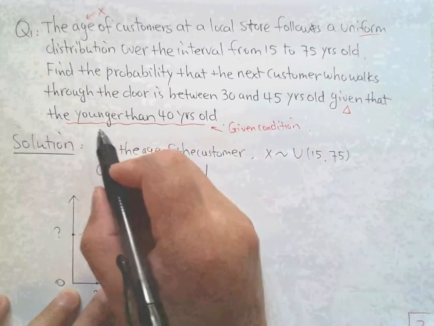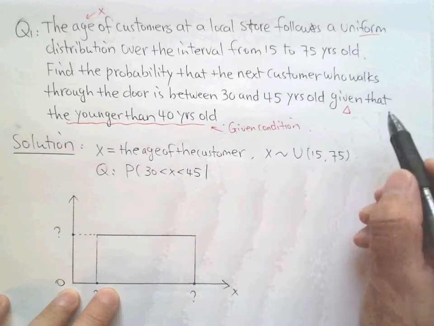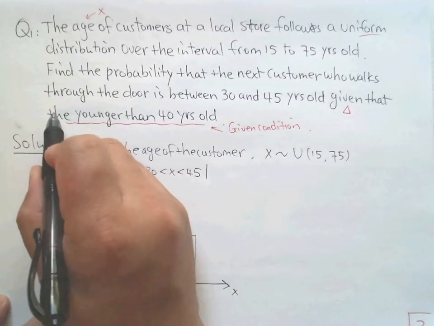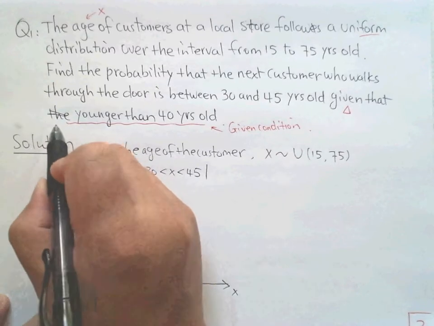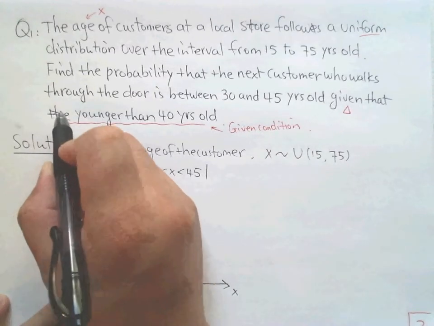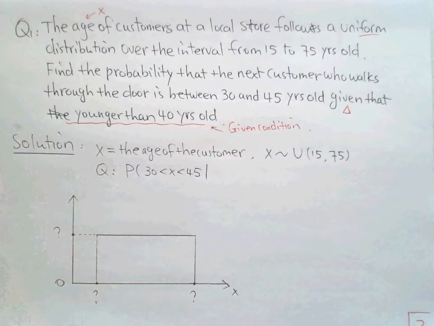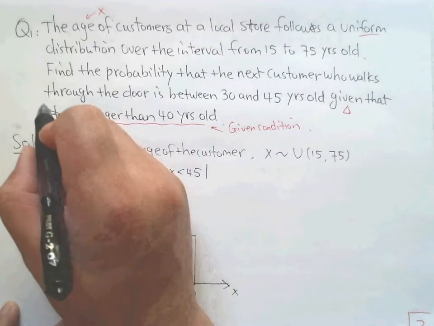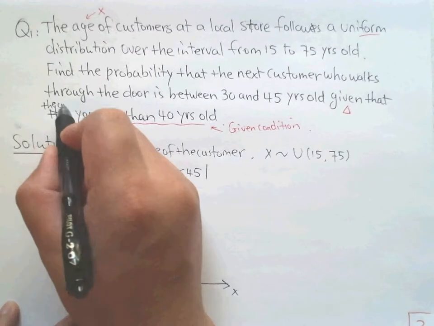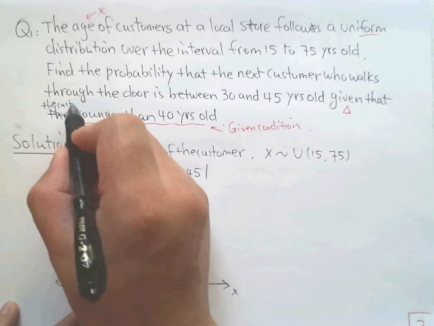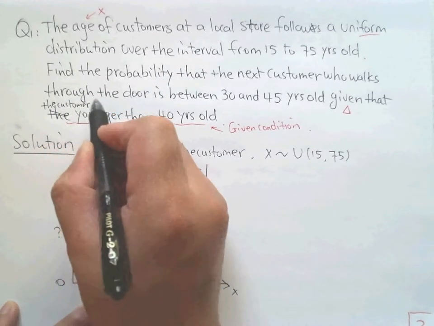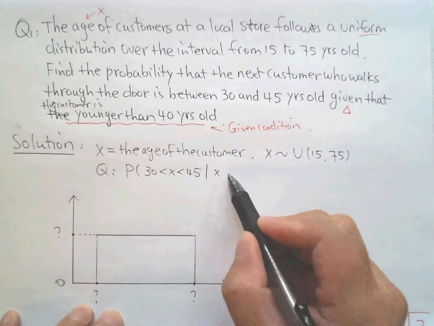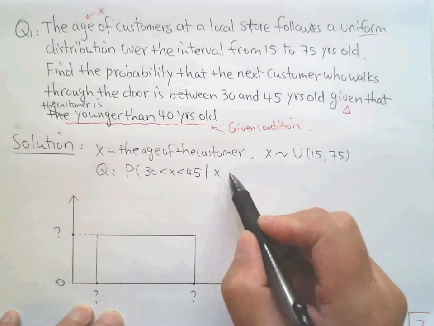Given the age, right? So given is already age. I think here I missed something. Given the customer is younger than this. The customer, it means this x is younger than 45.